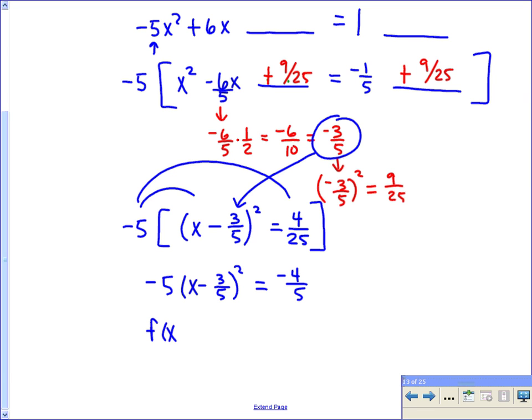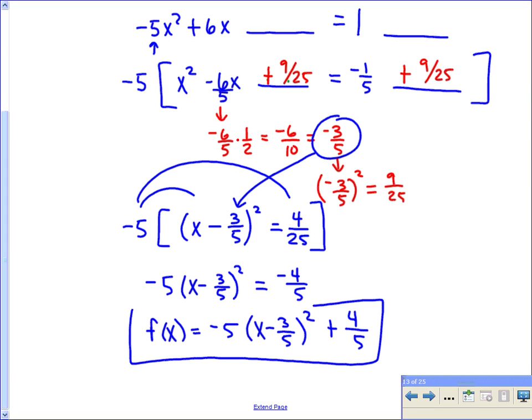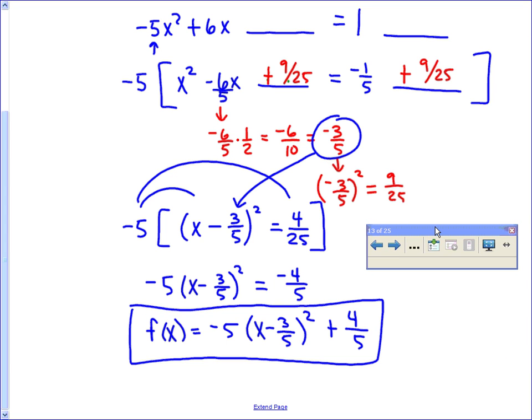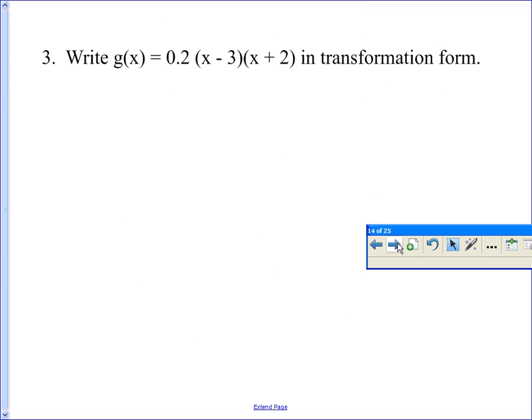So I would say f of x is equal to -5 times x minus 3 over 5 squared plus, because I moved the 4/5 to the other side, this, and that is going to be my transformation form. Okay, and if you look back to the original, that's the form that I was looking for. And that's probably the hardest one to do, where you're completing the square.